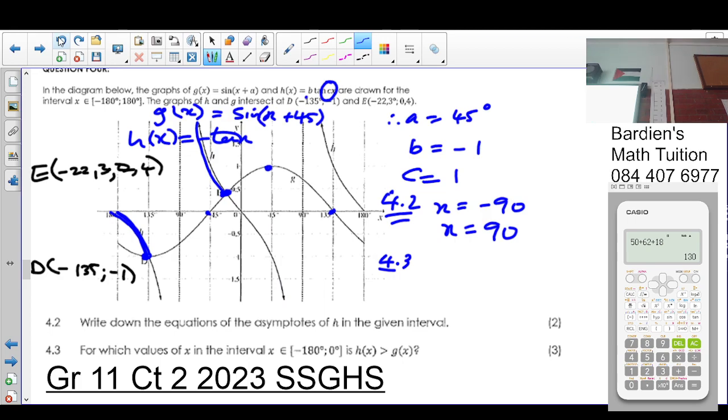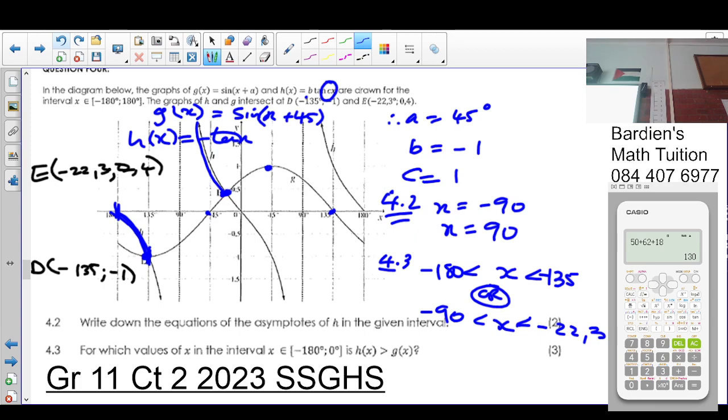So it's from negative 180 to negative 135. So x is greater than negative 180, but less than negative 135. Or from negative 90, but less than negative 45. Now, the question says greater than.